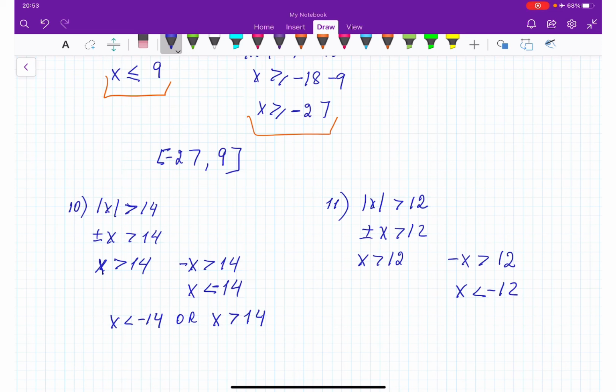So it's going to be either x is less than negative 12 or x is greater than 12. Okay.